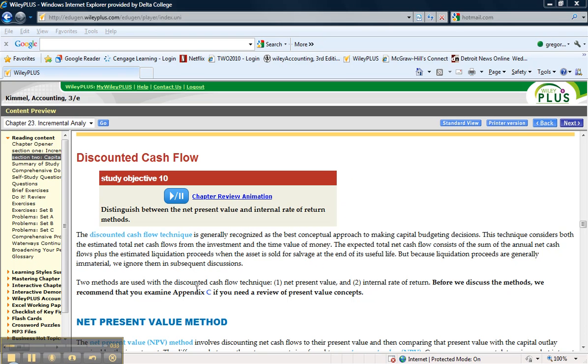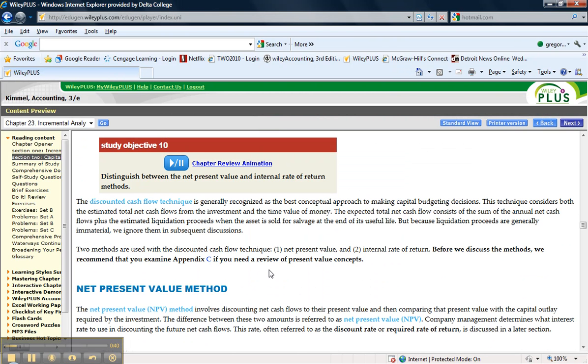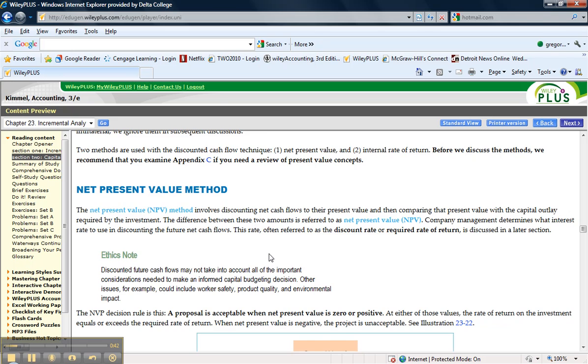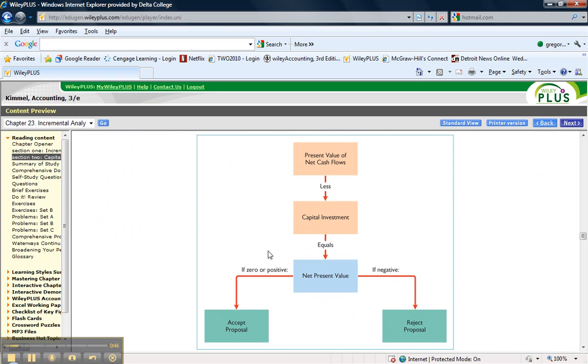There are two methods, the net present value method and the internal rate of return method. We're going to look at the net present value method and skip over the internal rate of return method. In the net present value method, you look at the present value of all the future cash inflows that you expect an investment to bring you, and you subtract from that the cost of the investment today.